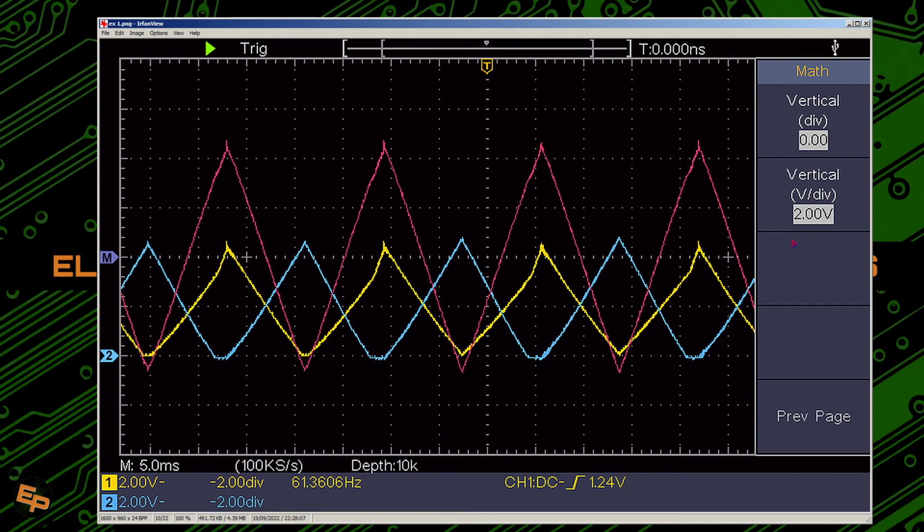We have here 2 volts per division for all channels, and we see that we have about 4 point something volts peak, going both positive and negative, at 60 hertz, 61 hertz.